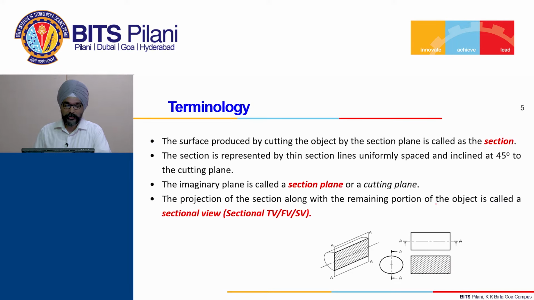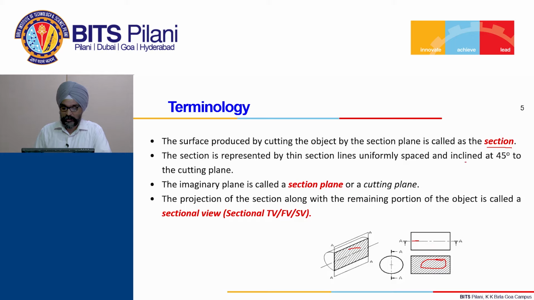Now the terminology that I have already used, but let me clearly define here. By section we mean the portion which is hatched here. It is shown by hatching. The portion which appears after cutting is called the section.